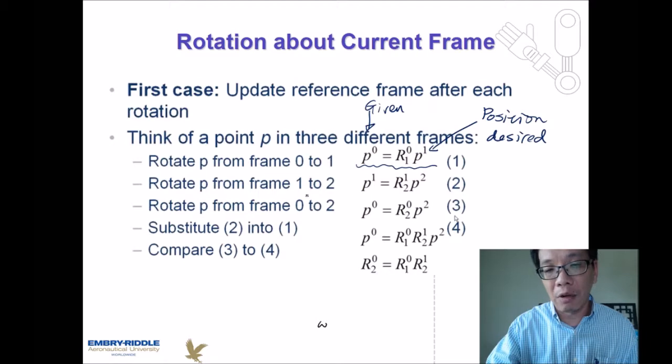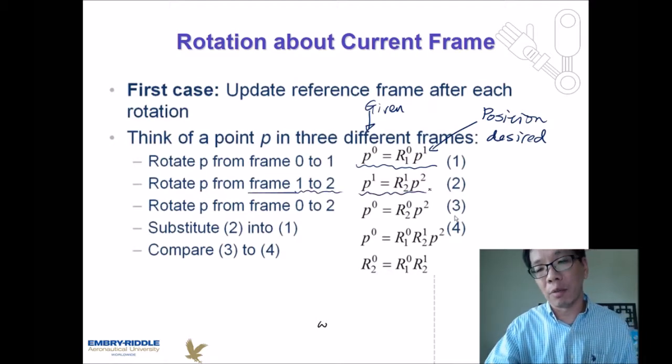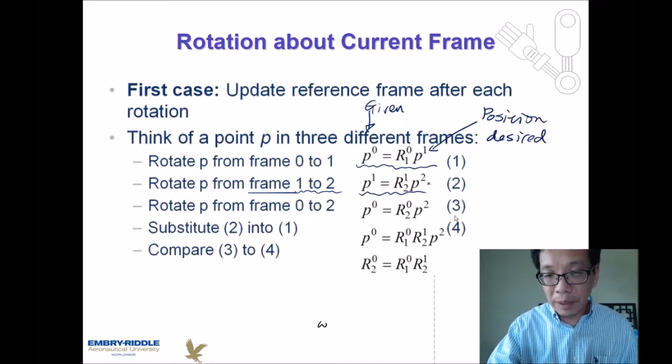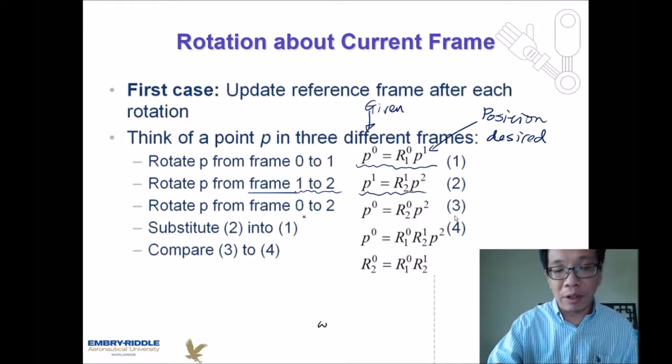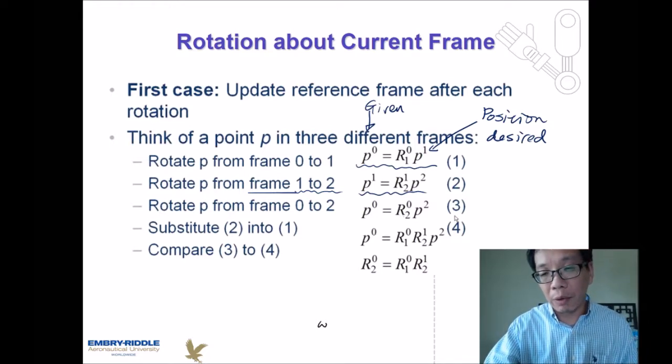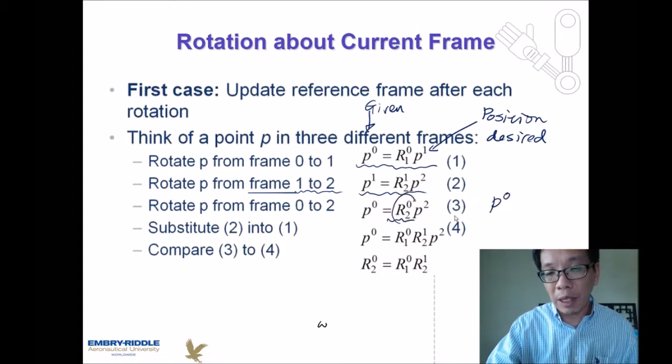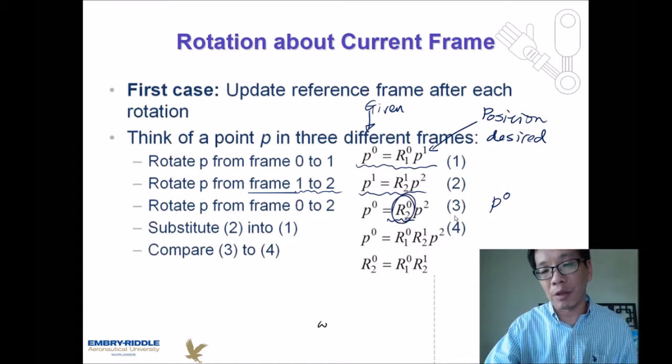And if we know from frame 1 to frame 2, then this is another formula. If we replace, if we want to try to find the P from 0 to 2, what we are going to do is to do P0 equals this transformation. But how are we going to find this transformation over here?